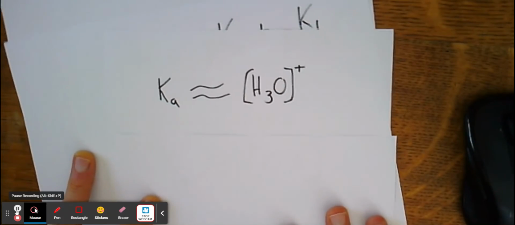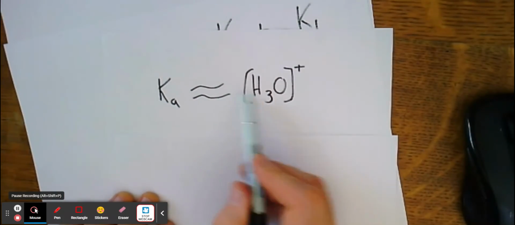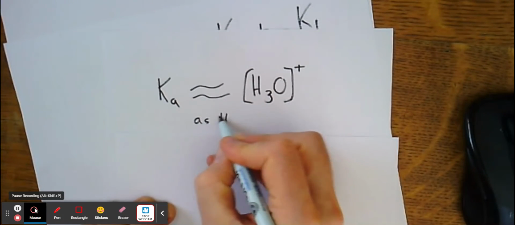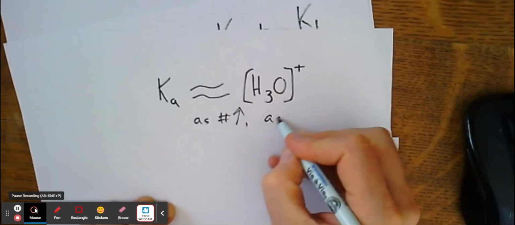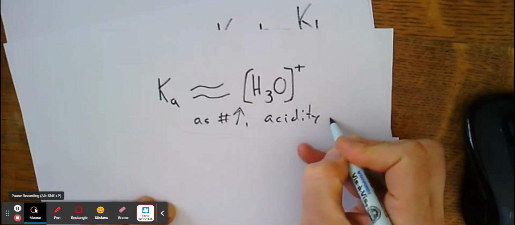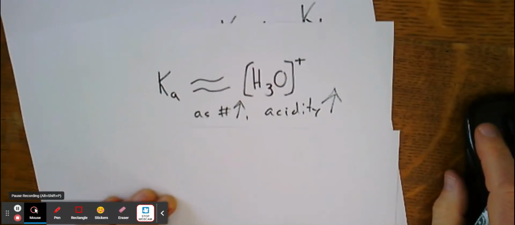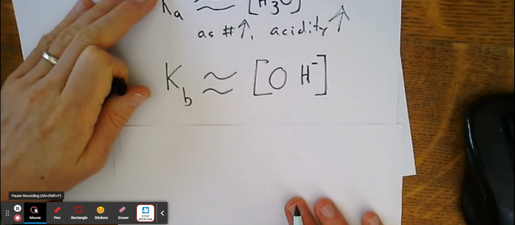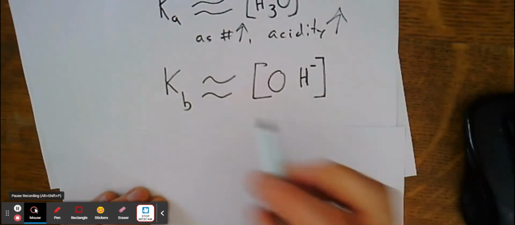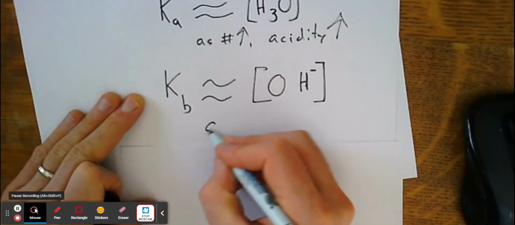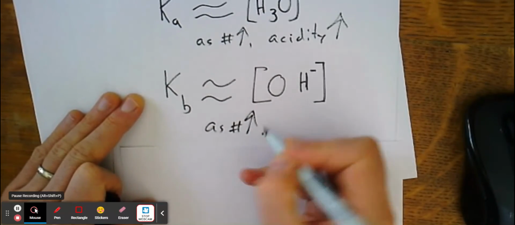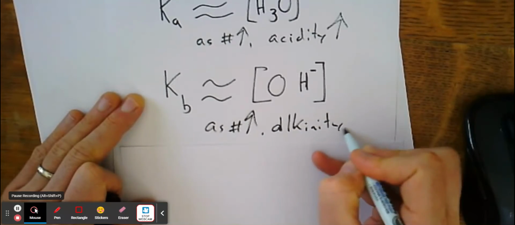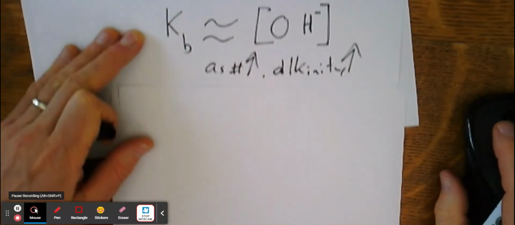Now, I think this is a little tricky. Ka is proportional to H3O+. As the numbers go up, acidity also goes up. Now, Kb is like hydroxide. As the numbers go up, alkalinity goes up.